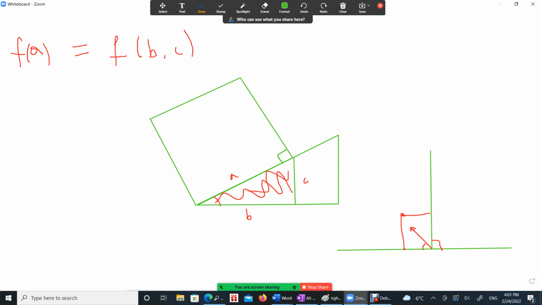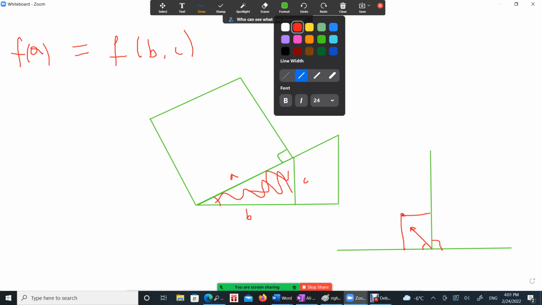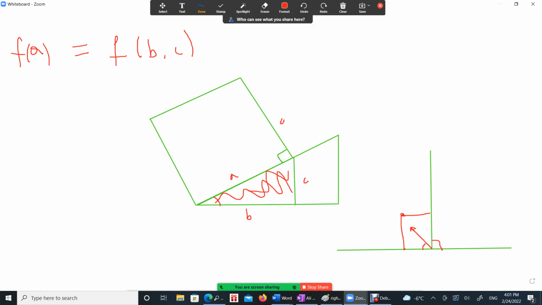This line is maintained the same. It's of length A. Let's draw it more clearly over here. It's of length A.